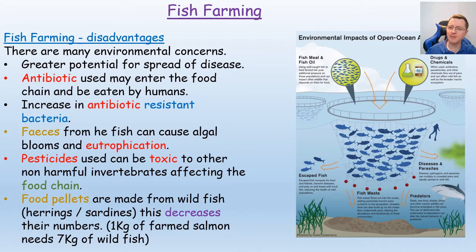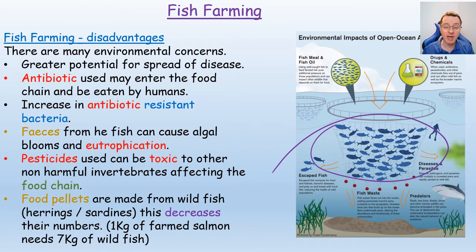The food pellets that you feed the fish in these fish farms are made from herrings or sardines, and these are taken from wild stocks of herrings and sardines, and this decreases their numbers. For example, 1 kilogram of farmed salmon needs 7 kilograms of wild fish, and again we have to consider that this increases the length of the food chain and therefore decreases the amount of biomass per area that can be produced.